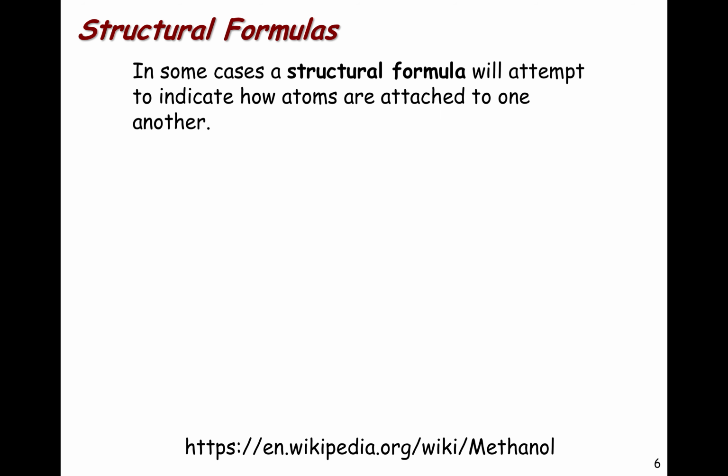As the number of atoms in the formula increases, the complexity of the structural formula can also become quite a bit daunting, so to speak. So if we consider methanol, for example, which is still a relatively simple molecule, in this case, we could write the formula as CH3OH.